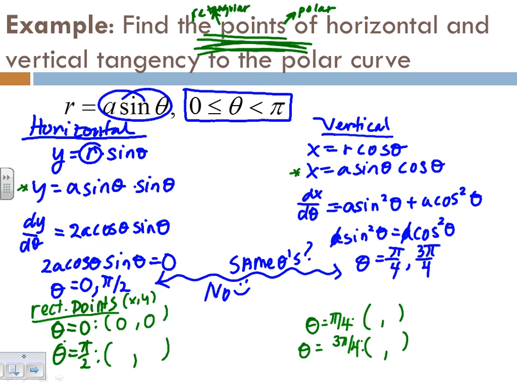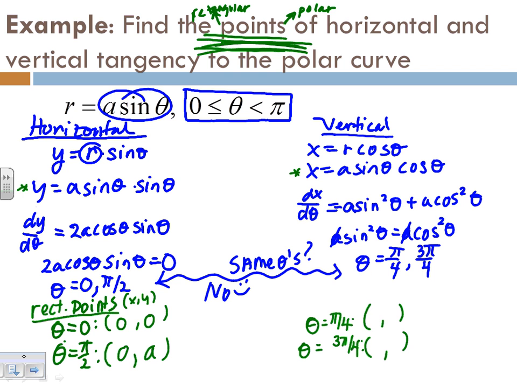Evan, what did you get for pi over 2? Radical 2 over 2 times radical 2 over 2 times 5.